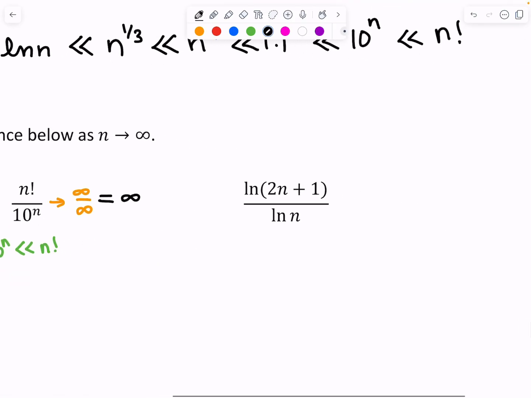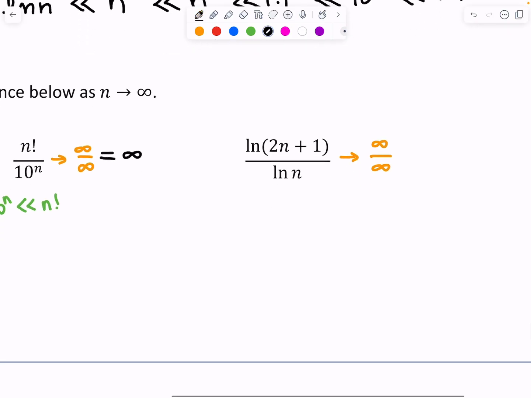Now this third case, we have 2 kinds of functions from the same class. The numerator will approach infinity as n does, and so will the denominator. So let's use L'Hopital's rule on this one again. The derivative of the numerator is 1 over the argument, and then times the derivative of the argument. And the derivative of the denominator is just 1 over n. And then we can simplify this.